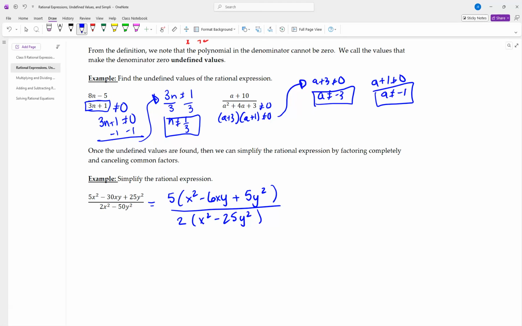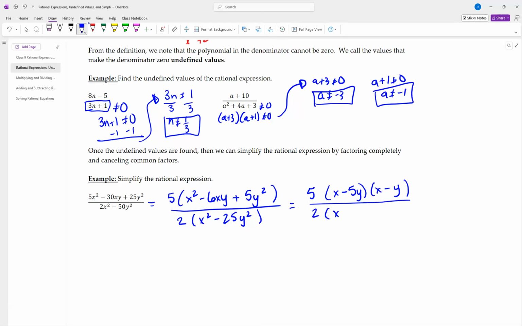Now I need to muster all my factoring skills. The numerator, if the y's weren't there, would look like x minus 5, x minus 1. But the y is there, so this has to be a y and this has to be a 5y, and I think that's how it factors. You're welcome to FOIL it out, and I'm going to tell you it does factor like that.